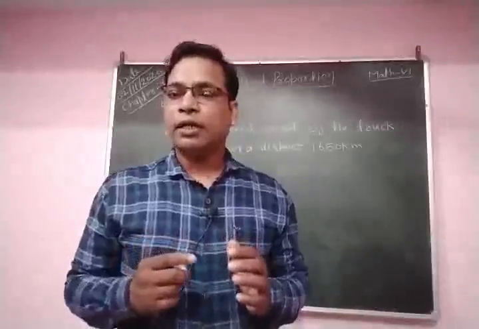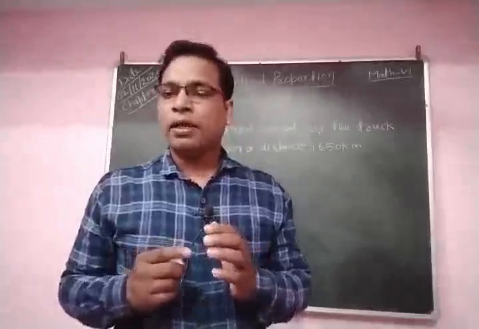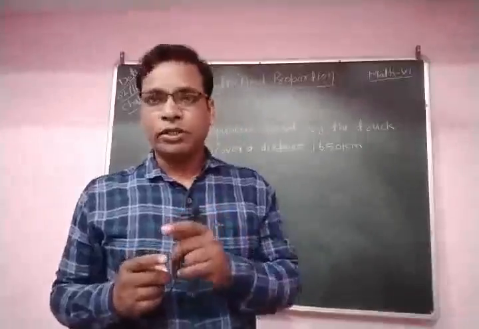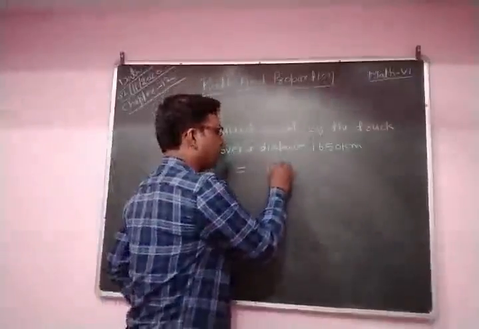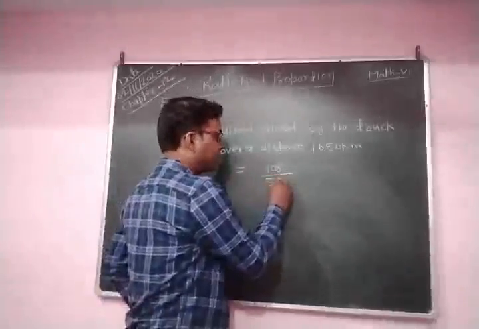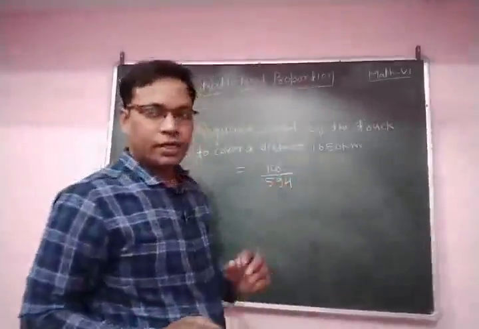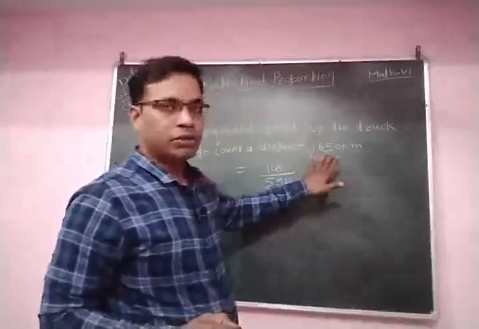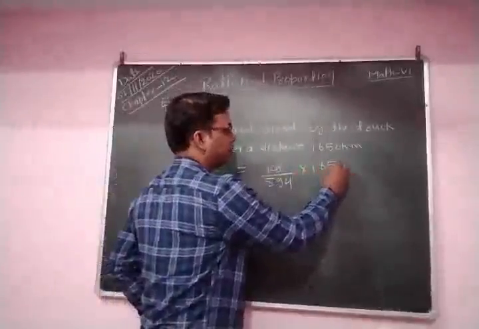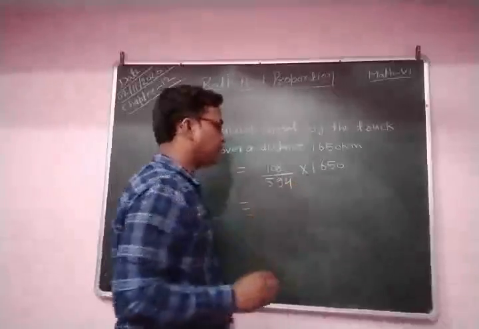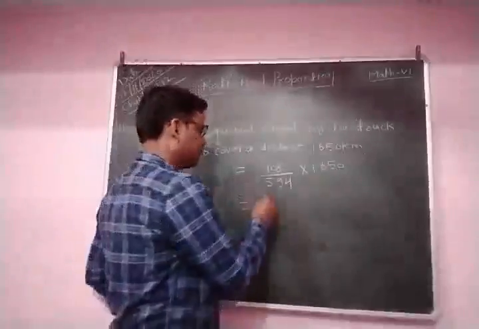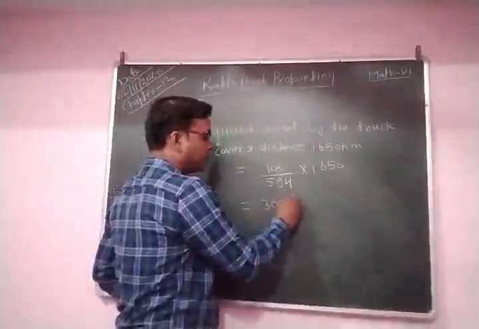So diesel required for 594 kilometers is 108 liters. For 1 kilometer, you can write 108 by 594. You need to find for 1650 kilometers, so into 1650. If you cancel them, then we obtain 300 liters.